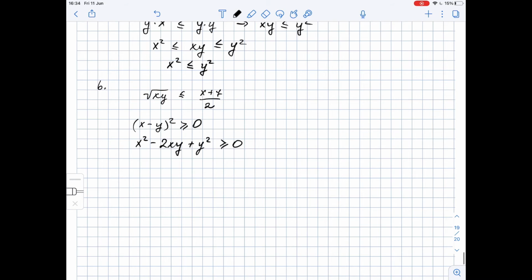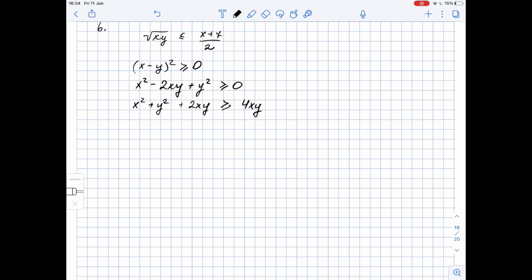So that means we will just add 4xy on both sides and we will get x squared plus y squared, then minus 2xy plus 4xy is plus 2xy, is greater than or equal to 4xy.